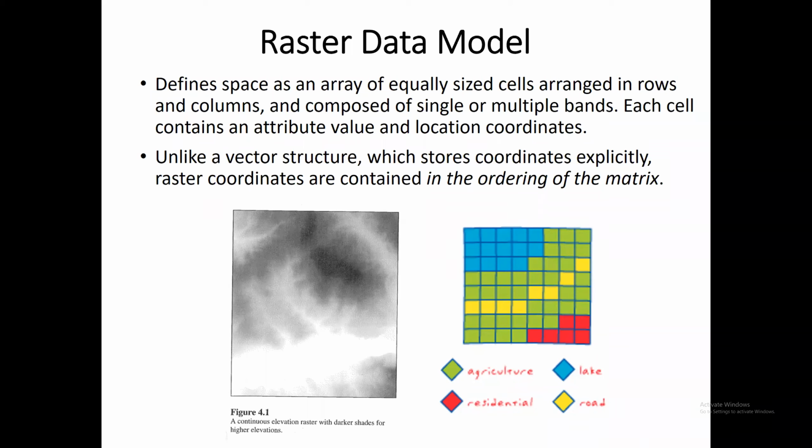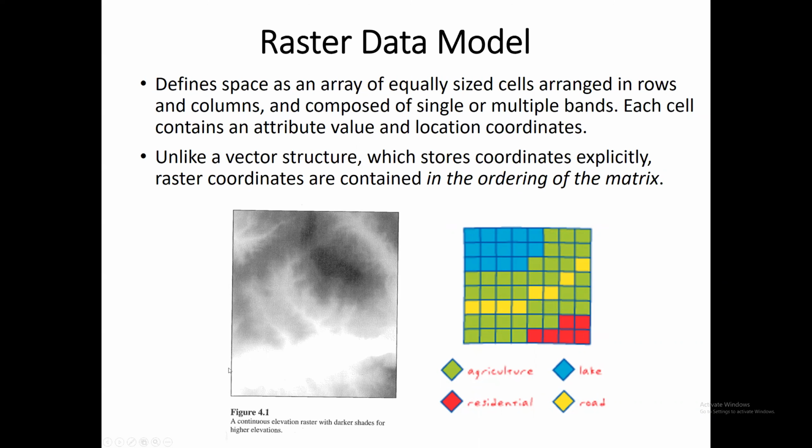I'm going to show you a temperature example of a raster in a little bit. The data values are often represented by color. In this case, the darker shades represent higher elevations, and the brighter shades represent lower elevations.